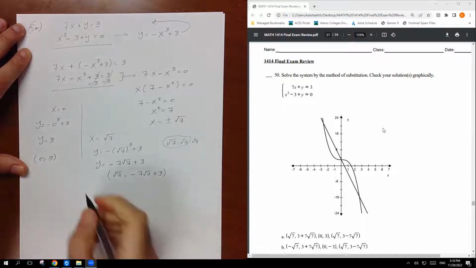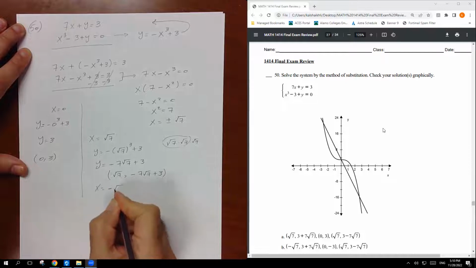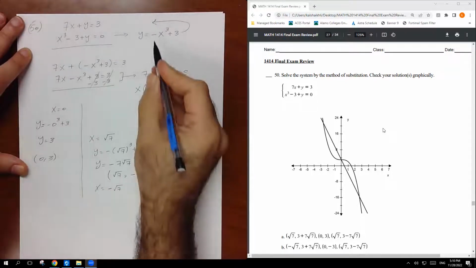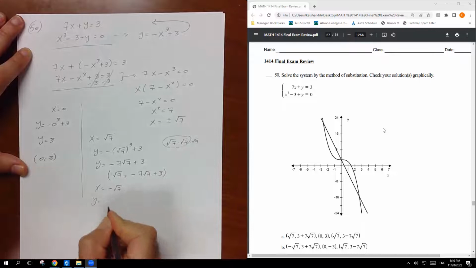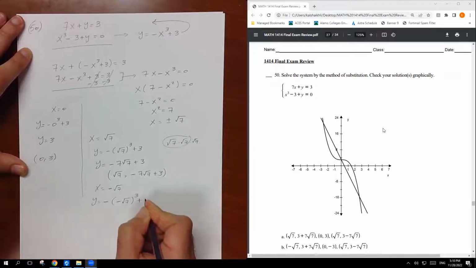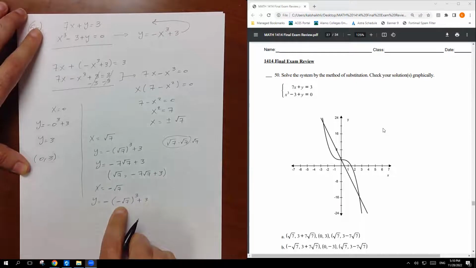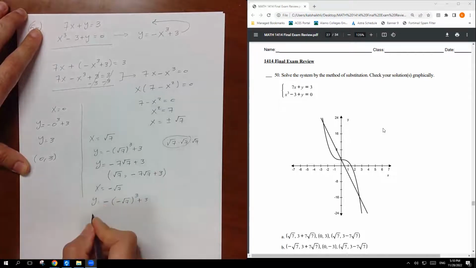The third one, when x equals negative square root of 7, we're going to plug in here. So y is going to be equal to negative, and we have negative square root of 7 cubed plus 3. The same thing, negative times negative times negative is going to be negative, and times the negative outside is going to be positive.